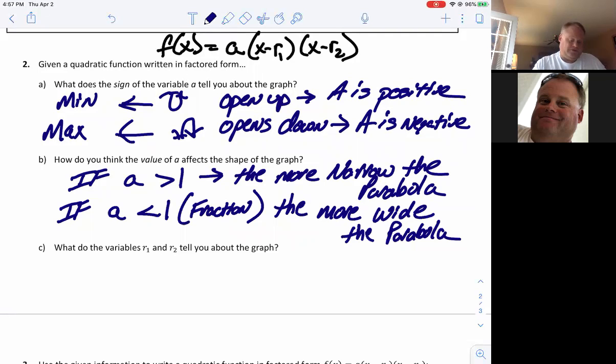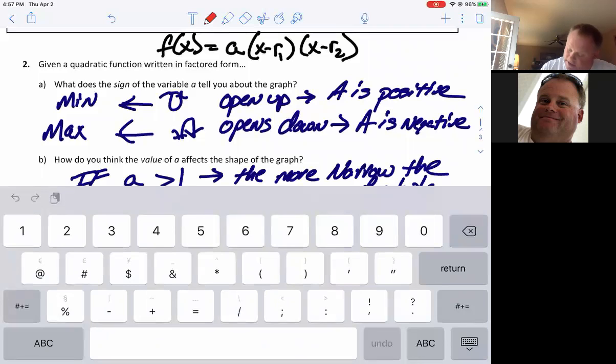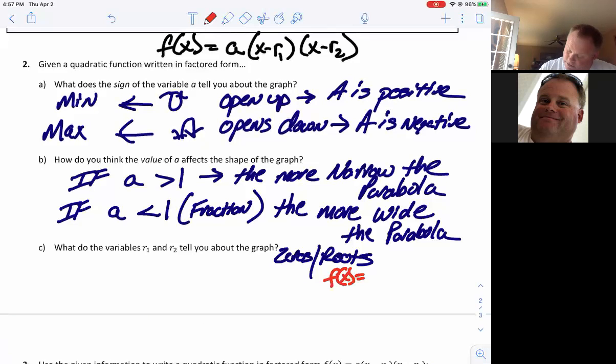Well, hopefully you figured out that they are going to be my zeros slash my roots. Okay? Meaning my function is f of x equals a outside of x minus R1 times x minus R2, right? Now, if I take that x minus R1, remember, we use the word zeros.